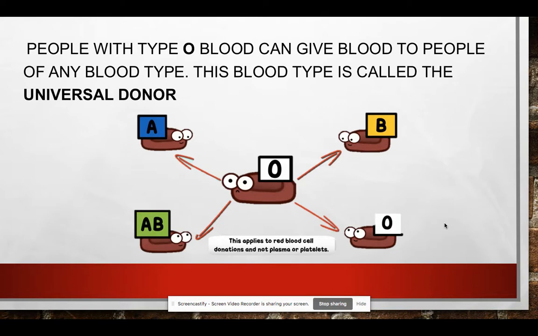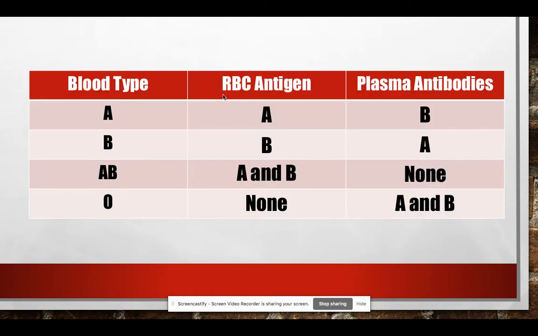Now, one thing that I do want to mention before I go into this slide is that if I have type A blood, it can only accept that specific antigen back. Okay, so if I have type A blood, I have A antigens, and I can only accept blood that has matching antigens.